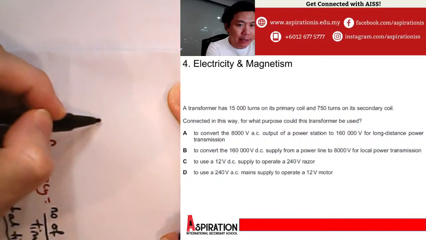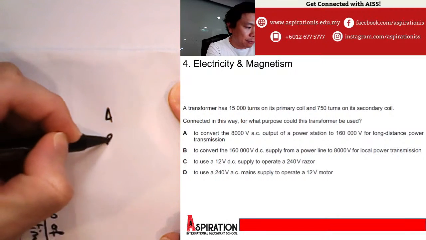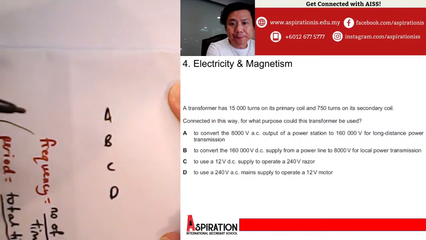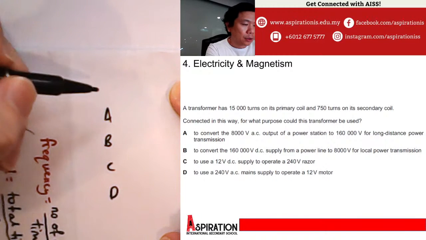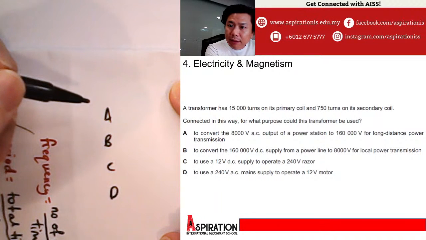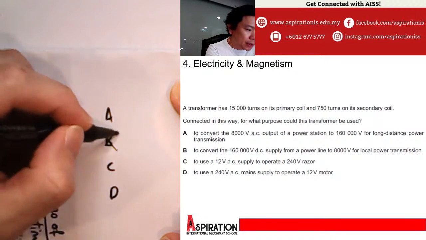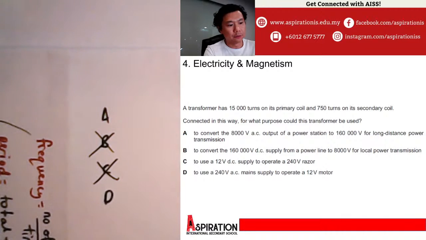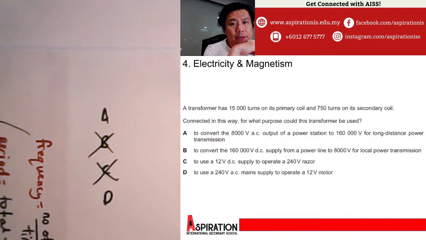So looking at A, B, C, and D, definitely DC is wrong. So B and C are totally out of the question. So the answer is either A or D.